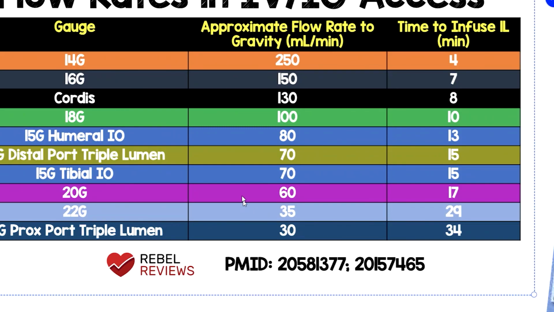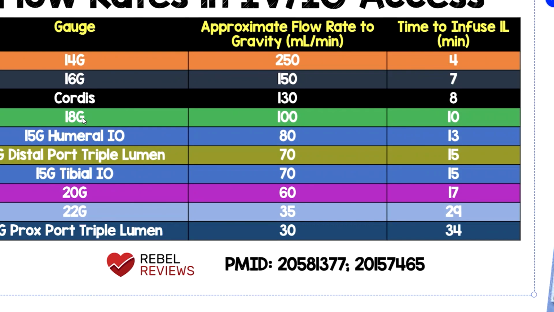So a 20 gauge is kind of the standard medical IV angiocath. At 18 gauge, we start looking at maybe we have a trauma patient. Okay, so when we're looking at trauma or medical blood loss, maybe a GI bleed, something like that, an 18 gauge is an appropriate angiocath.